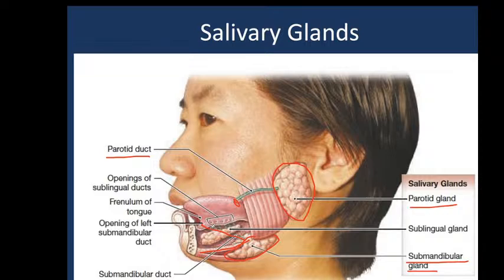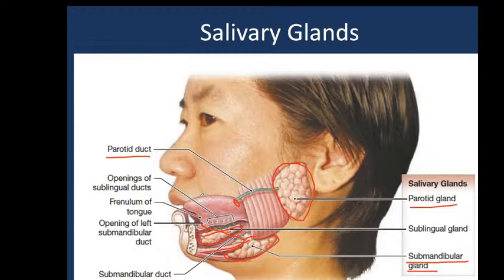And the third pair of salivary glands is called sublingual glands. Sublingual glands are located in the floor of the mouth and covered with the mucous membrane. And each sublingual gland has plenty of sublingual ducts opening along either side of the frenulum of the tongue.